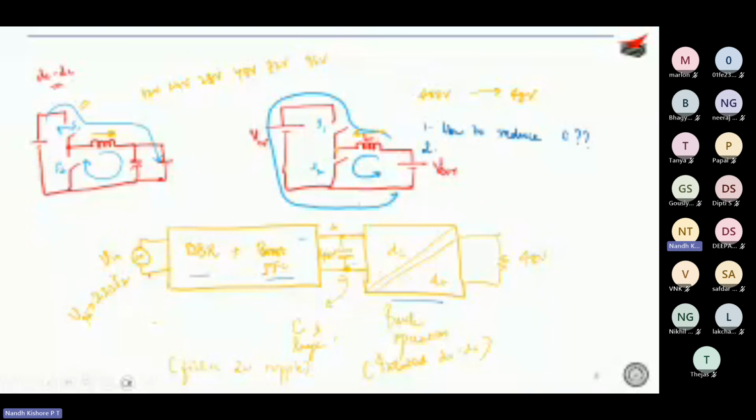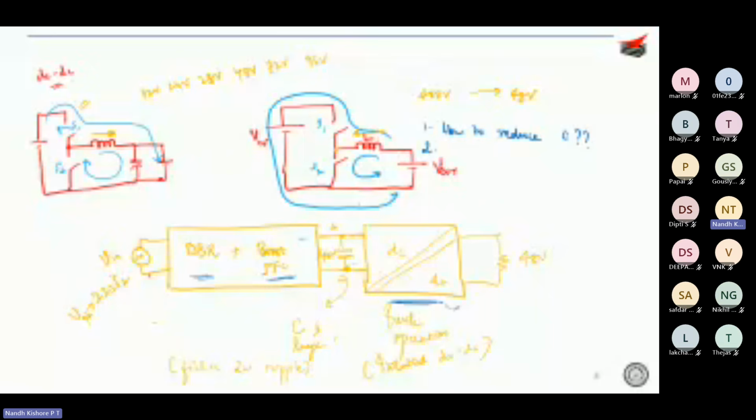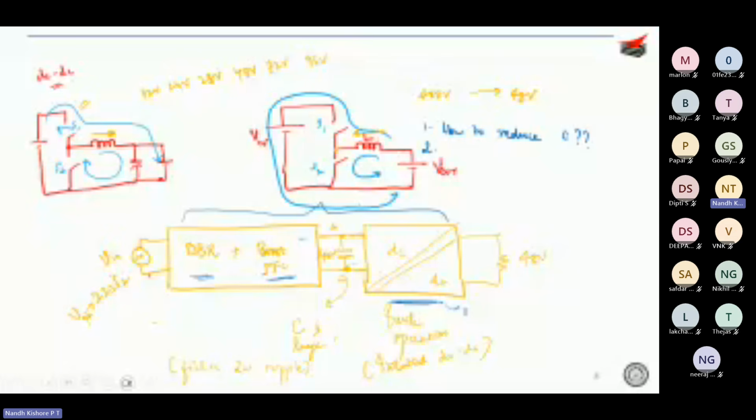Lot of stages, correct? Lot of switches. You will have 4 diodes over here, 2 MOSFETs over here, and depending on your topology, you can have up to 8 switches. How do we reduce the number of switches? Or how do we reduce the number of stages? Can we have a single stage that can do the entire thing? These are questions that are being researched.